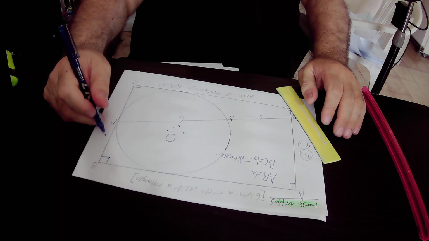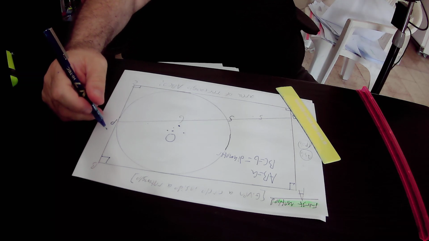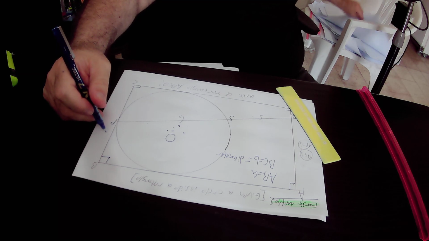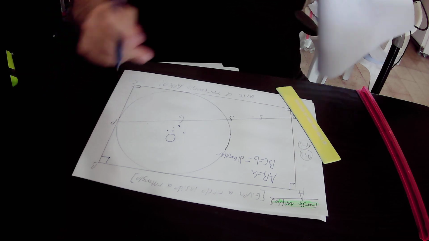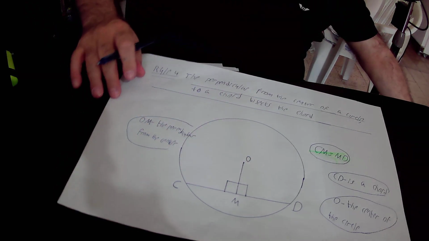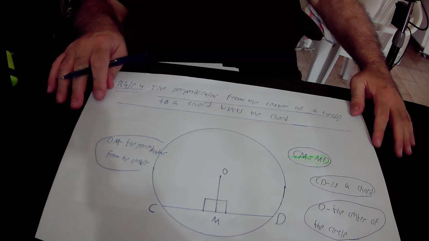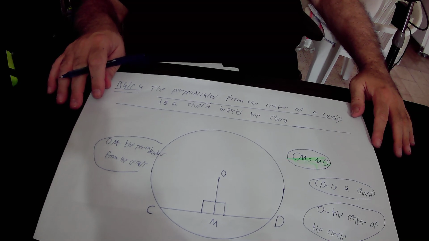I present to you rule number 4, and we will implement rule number 4 in our drawing. According to rule number 4, the perpendicular from the center of a circle to a chord bisects the chord.